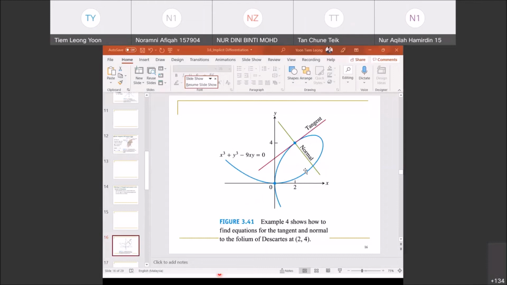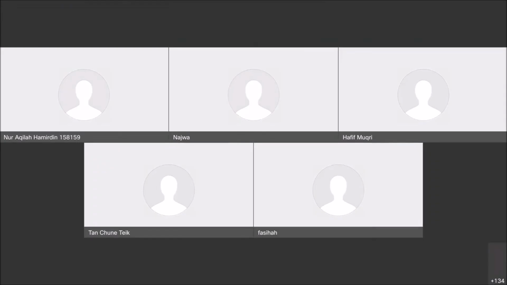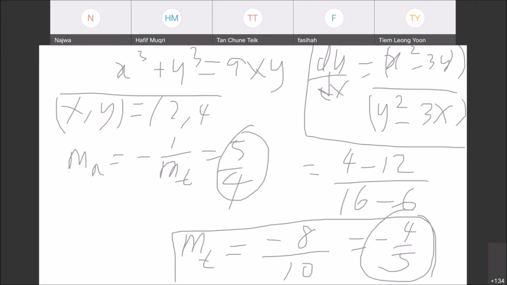So if you go back to my earlier calculations, at least the signs of my tangent line and normal line appear to be correct.